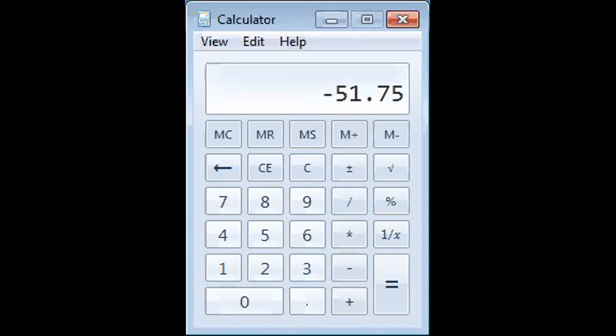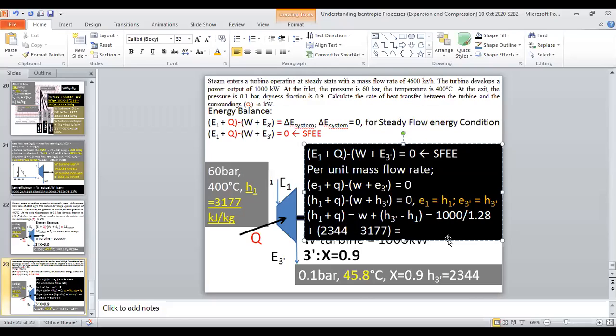That's right. This is minus because heat is not towards the turbine, it is from the turbine. This is in kilojoules.